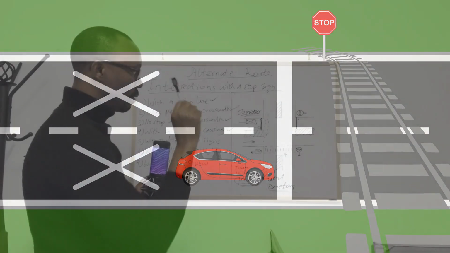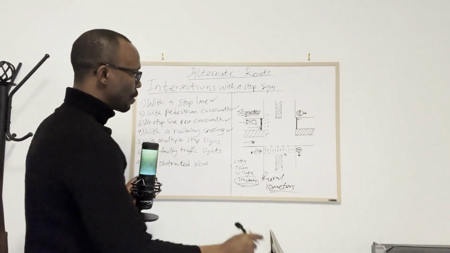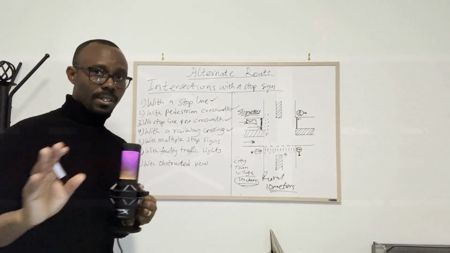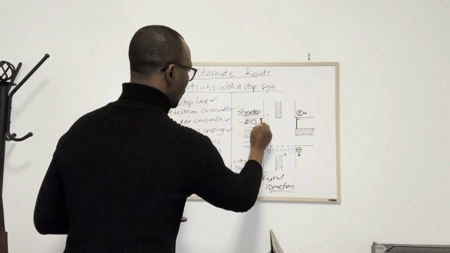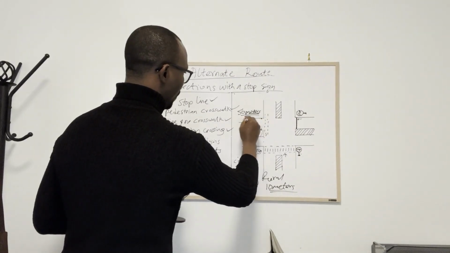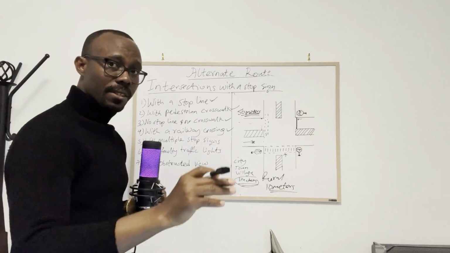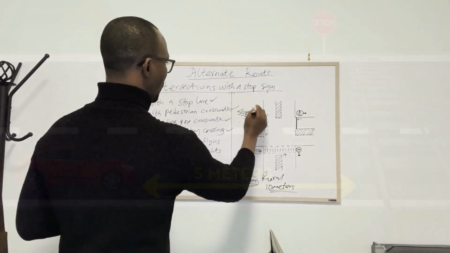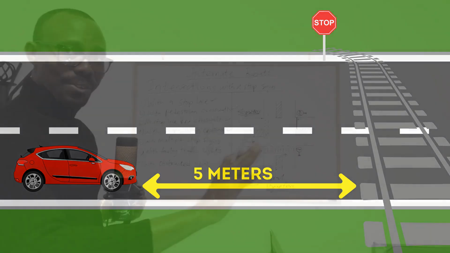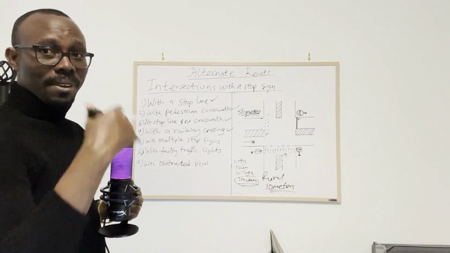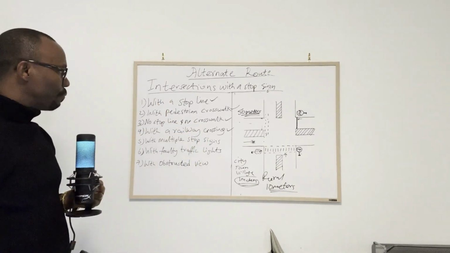If there is a train coming, which is indicated by those flashing lights, or you see the train already crossing, stop just before the X. Now, if none of these are here, and you see that there is a train passing or there's a flashing light for the train, then stop. If you stop like this, you're safe. Other road users are safe. And if you are taking your road test, you'll be sure to pass this part of your road test.